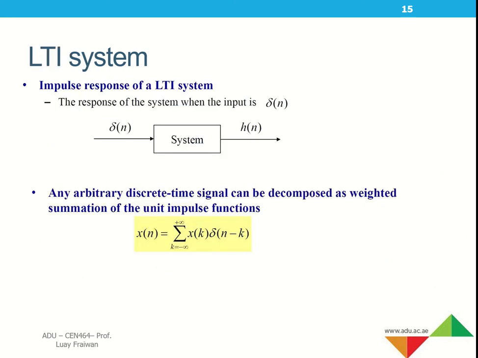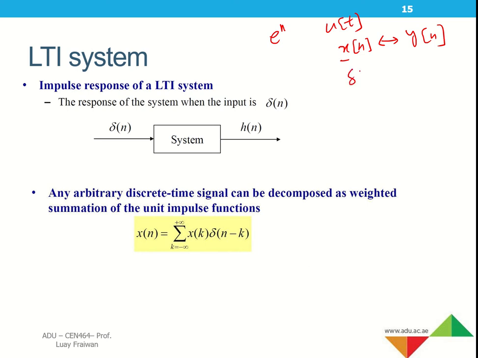Impulse response of an LTI system. We know that if you supply an input to a system, you should get an output. The input could be of any kind, for example a unit step, an exponential signal, or any other signal.